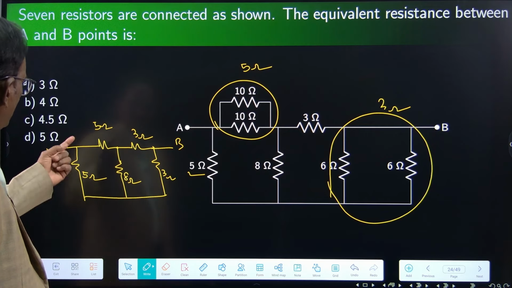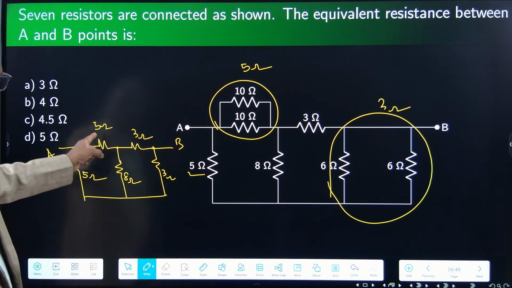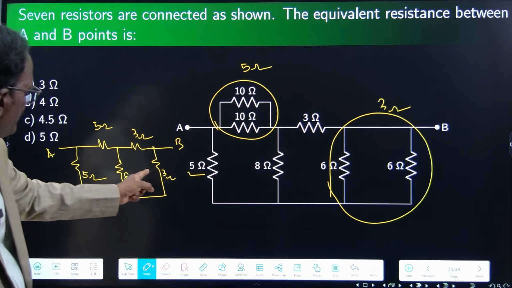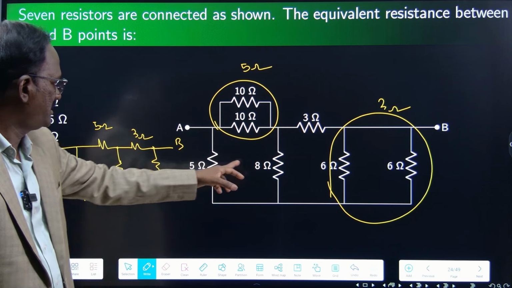This may be done. 10 and 10 become 5, this 6 and 6 become 3. This 3, 8, 5 are unchanged.